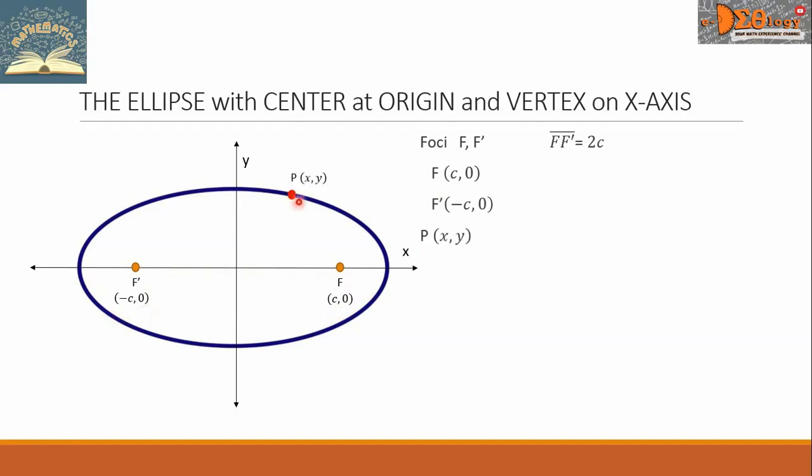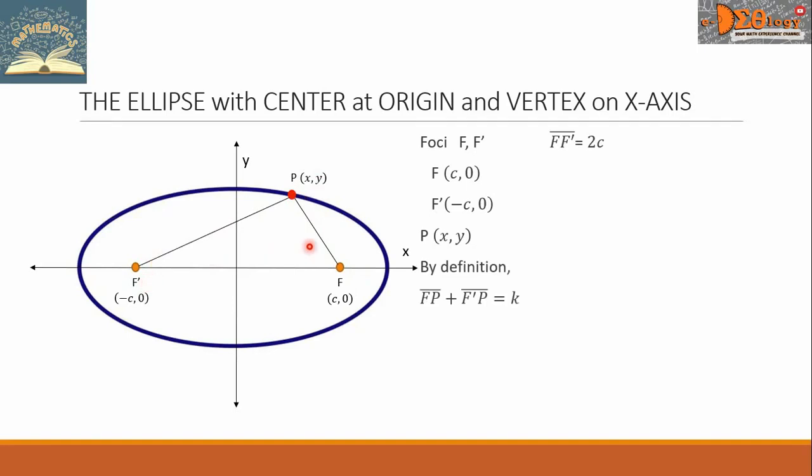Next, let us pick one point of the ellipse, and we denote this by P with coordinates (x, y). This point P represents all the points of the ellipse. We will get the distance of this moving point from the first focus F, and also the distance of this moving point from the second focus, F prime.